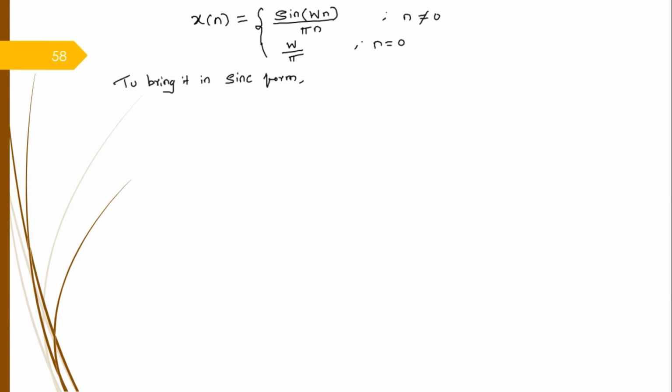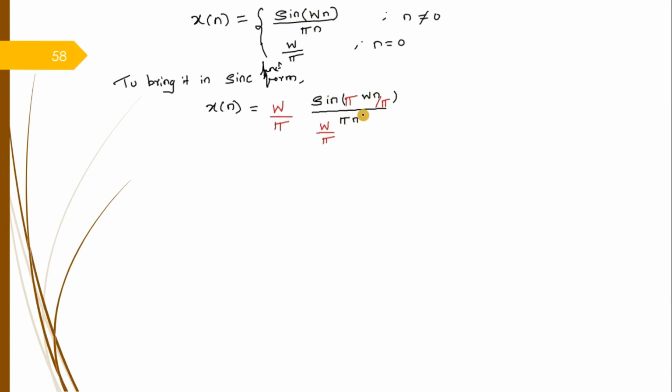Okay, simple, very simple. Now the same equation I have taken here and I want to bring it into the form of the sinc function. So in terms of the sinc function, how do I write it? Just see here, I take this quantity for n not equal to 0, and the same thing, wn by pi n is there.